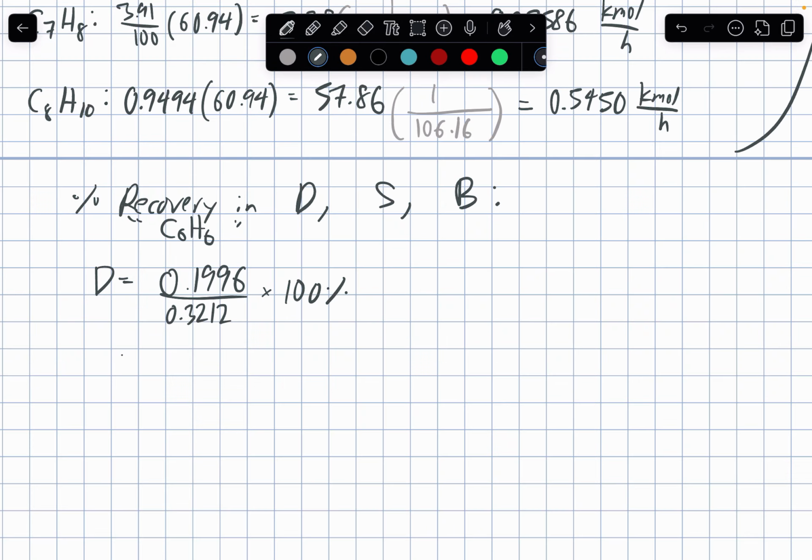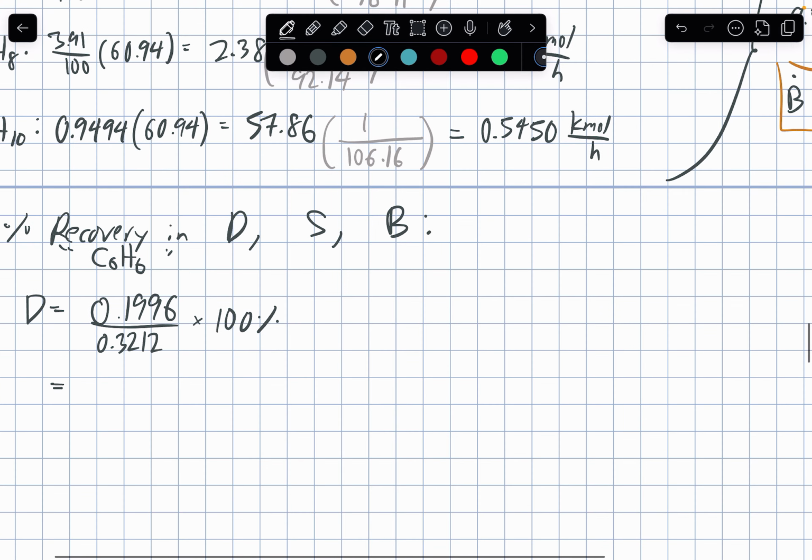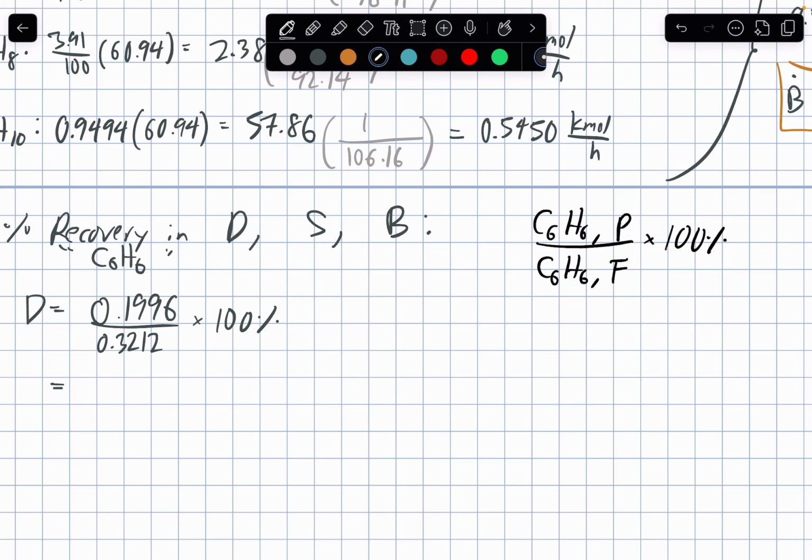Then times 100%. So basically, the formula for the percent recovery is C6H6 in that product stream divided by C6H6 in the feed. Always in the feed. Then times 100.